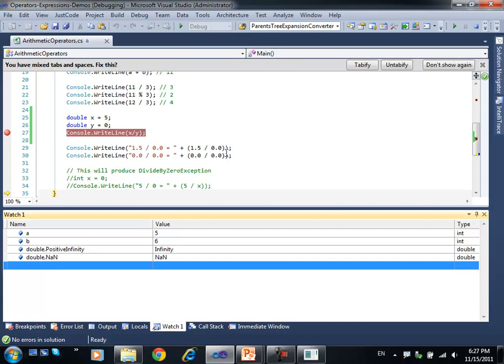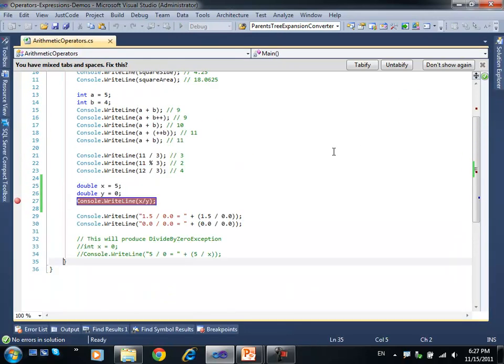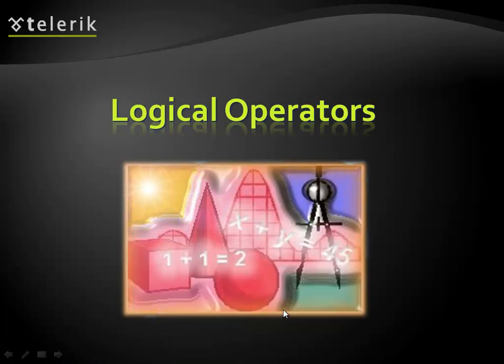So these are possible results of division arithmetic operations on different types of values, integers and floating points. Okay, so far?